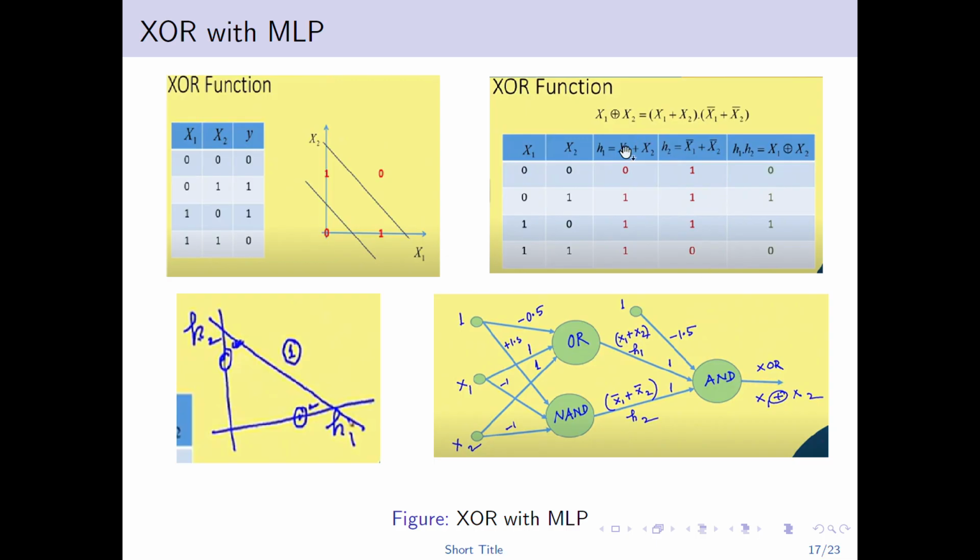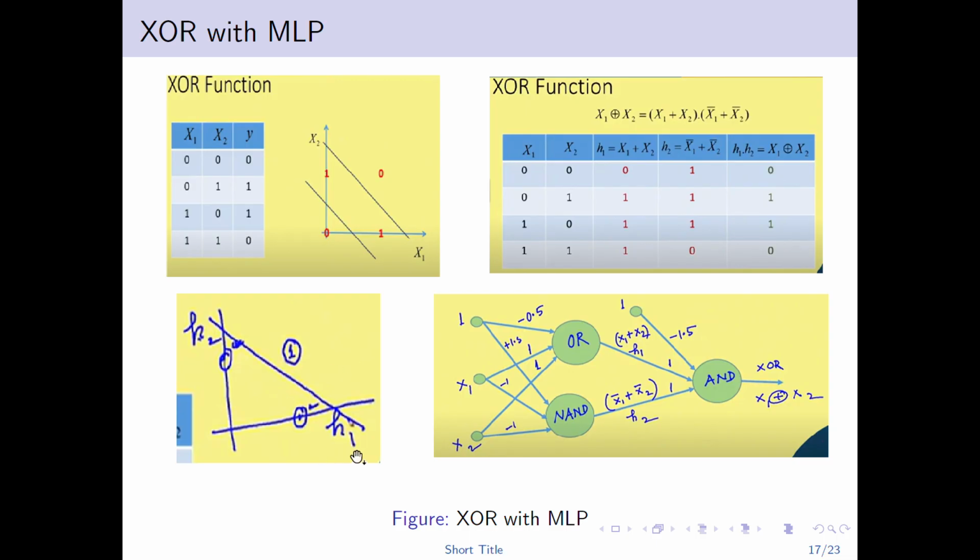Then we perform an AND function of h1 and h2. Then we get values which actually correspond to the XOR values. This is the output that we get.